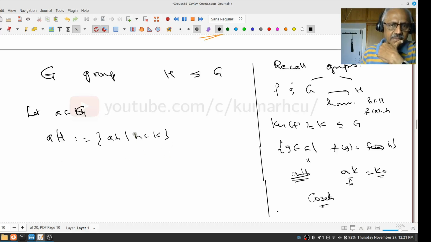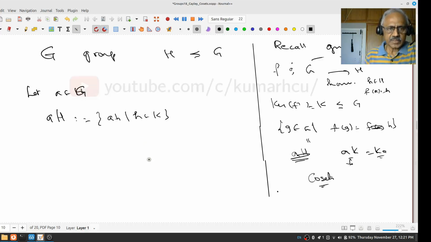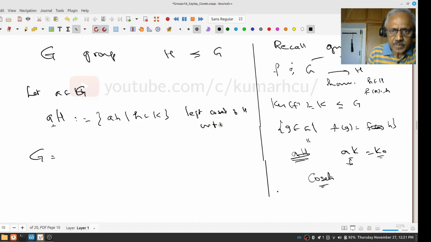Yeah. Right. So this is called a left coset because a is on the left, the left coset of H with respect to a, that is by left multiplication by a.